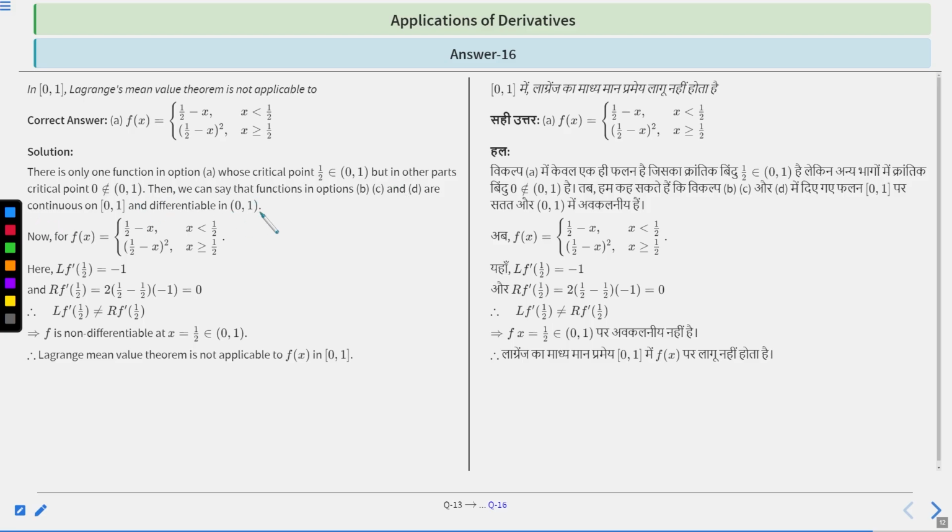Then we can say that the functions in options B, C and D are continuous on [0, 1] and differentiable in (0, 1).